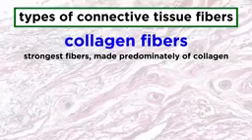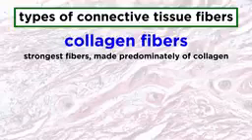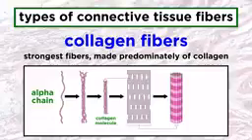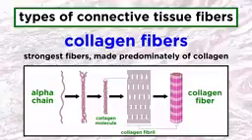Collagen fibers are the strongest, made predominantly of the protein collagen, as one might guess, which is the most abundant protein in the body. These proteins are assembled into cross-linked fibrils and then bundled together to form fibers. Gram for gram, these fibers are stronger than steel and prevent things from being pulled apart.